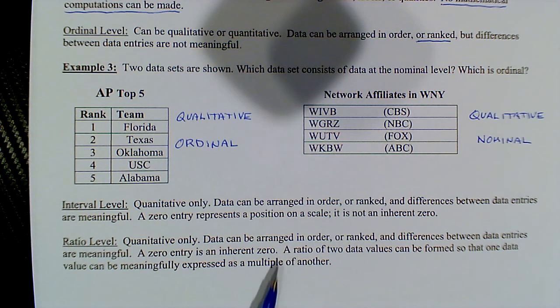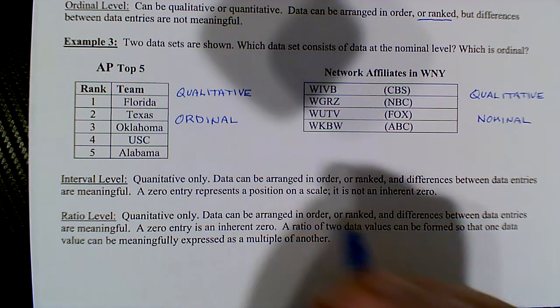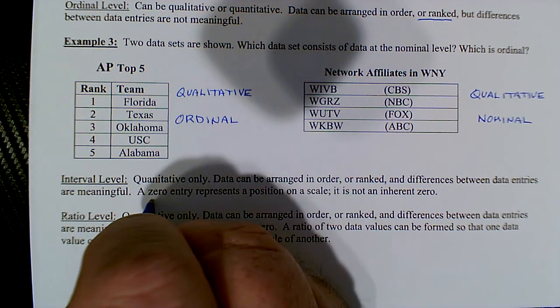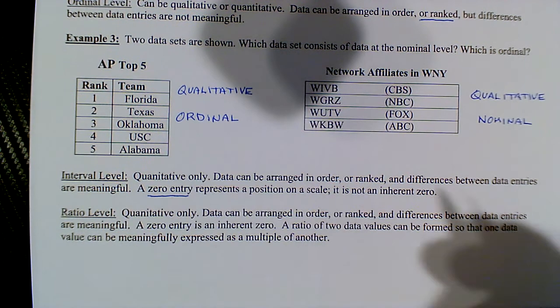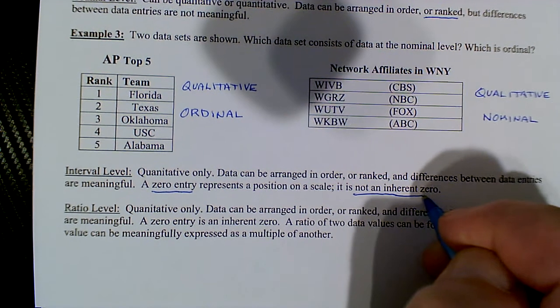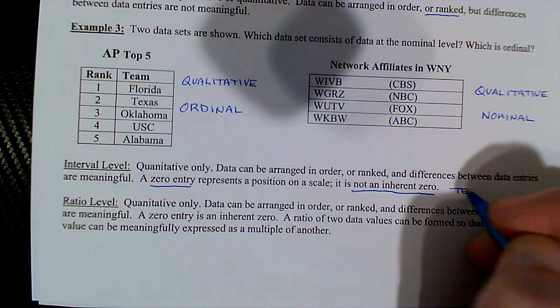And then we have interval and ratio. The key here being that with interval data, a zero entry is not an inherent zero. This would be like temperatures, for example.